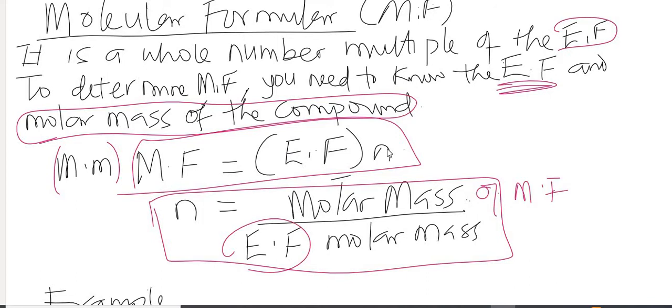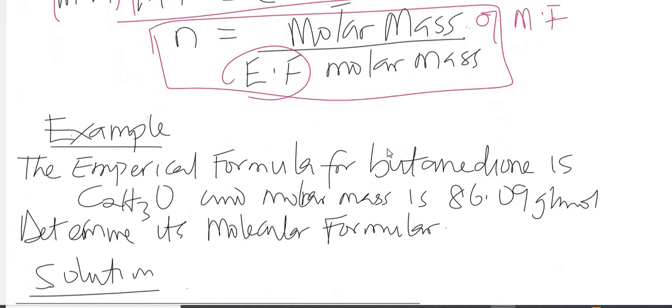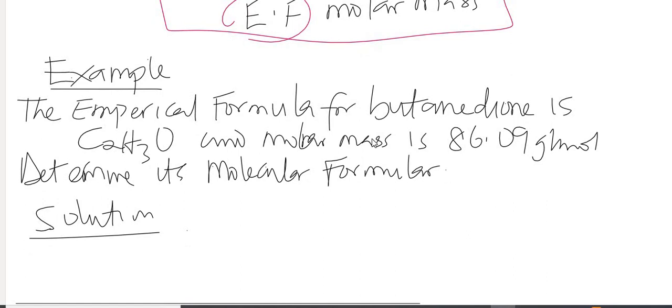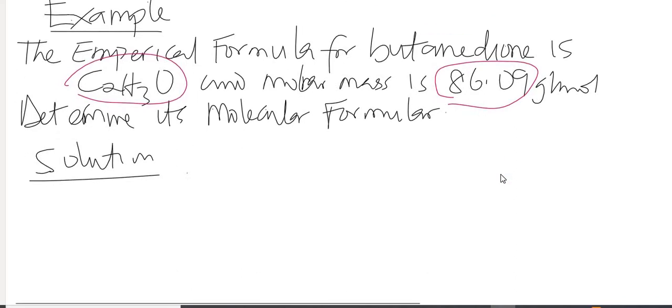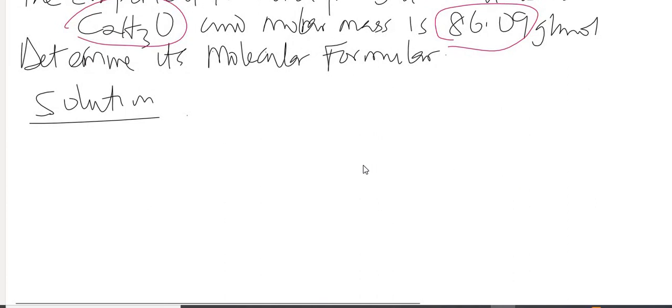Let's take an example. The empirical formula for butadiene is C2H3O and the molar mass is 86.09 given. Determine the molecular formula. So again, we're going to write our given.